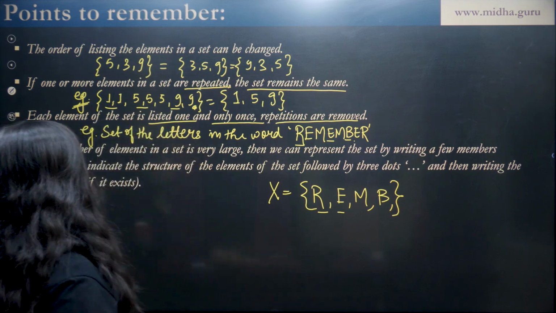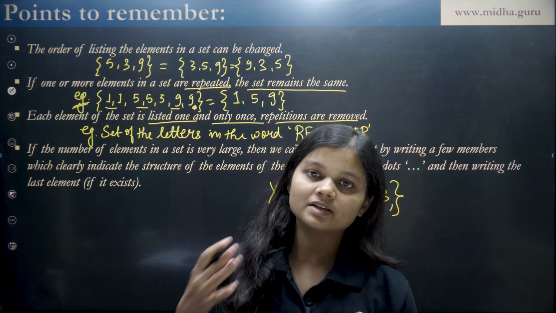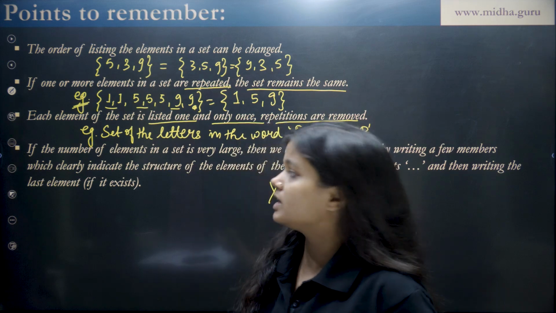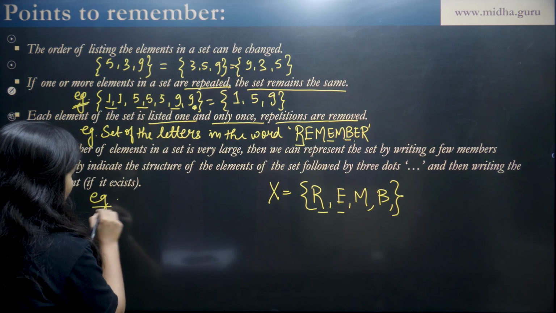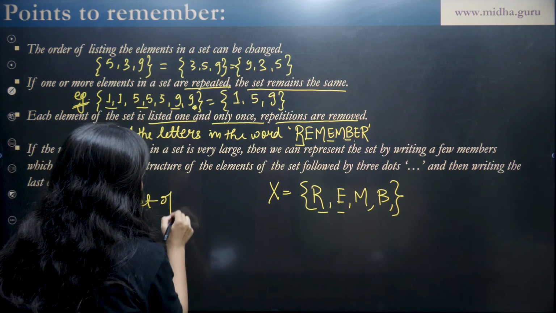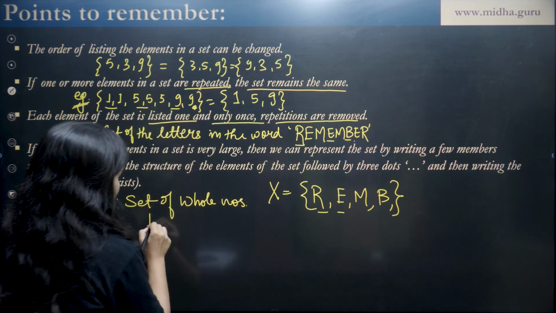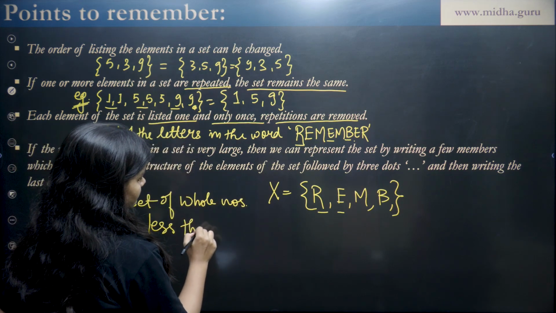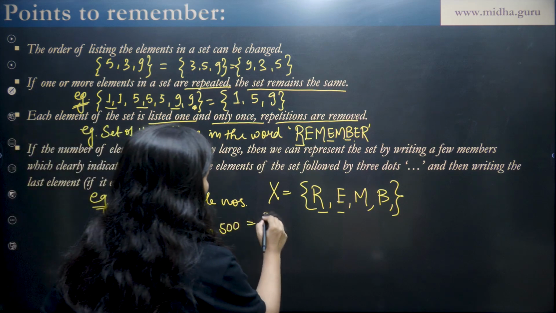Next is, if the number of elements in a set is very large. If there is any set whose number of elements is very large, then how can we write that set? For example, let's take an example. Set of whole numbers less than 500. Okay, so it includes all the numbers.